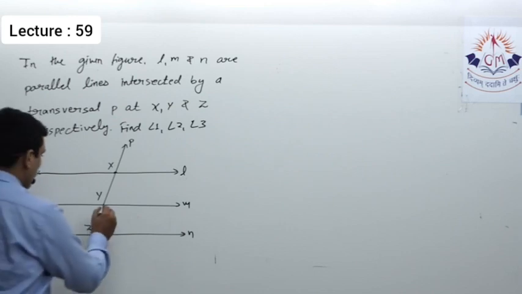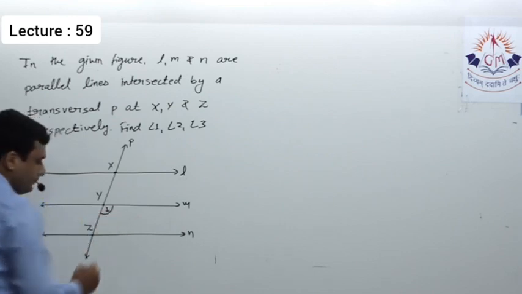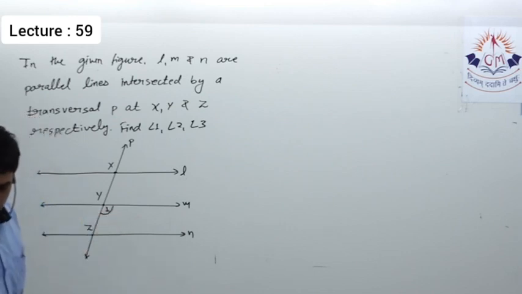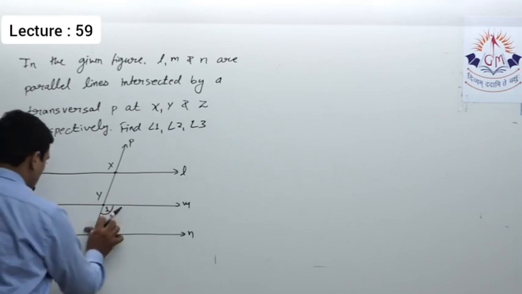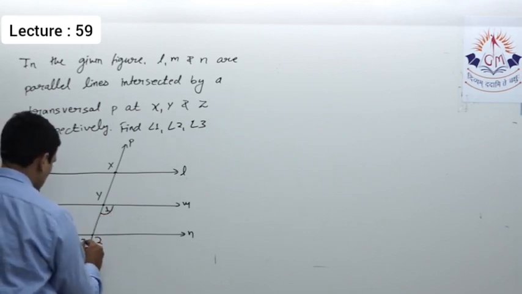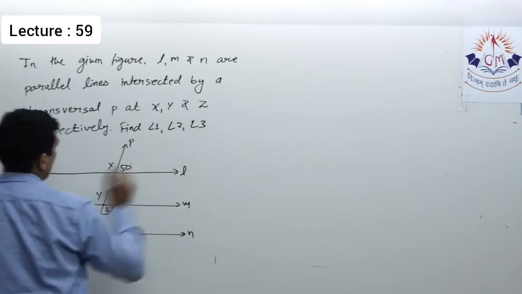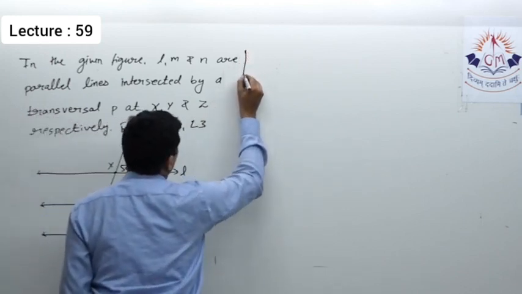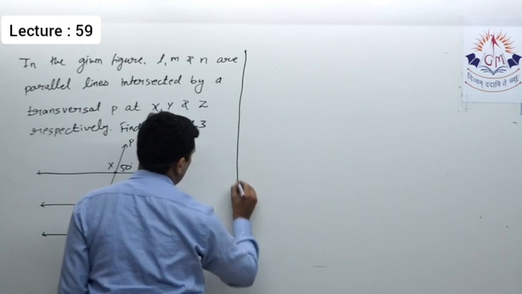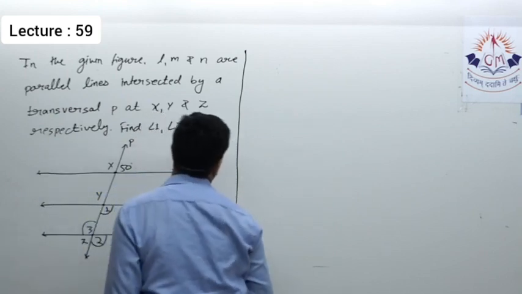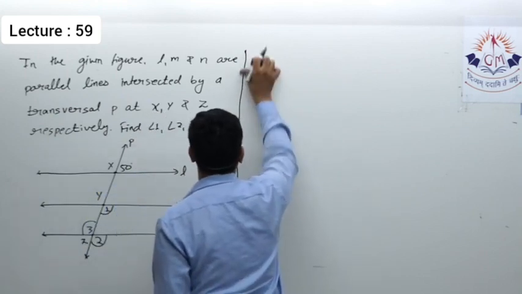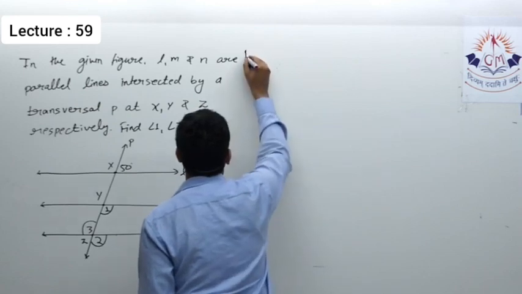This is angle 1 according to the question. Then this is angle 2 and this is angle 3. The given information is that this angle is 50 degrees. So let us see how to find the measure of these angles.